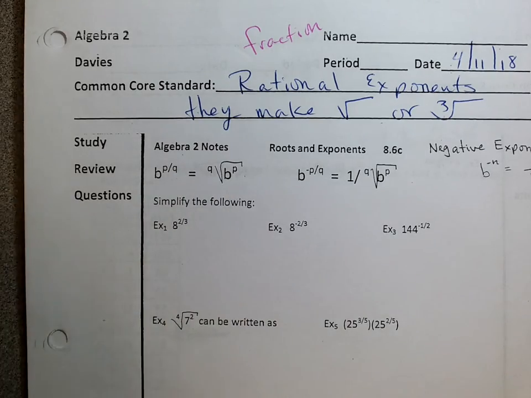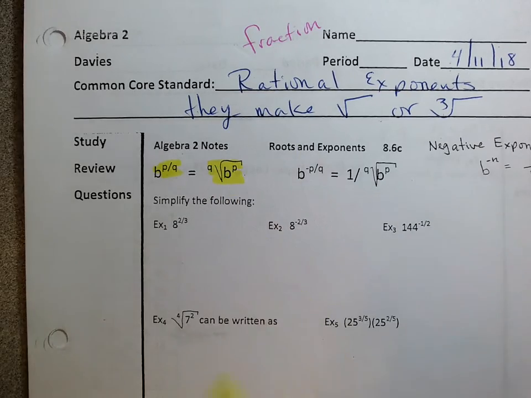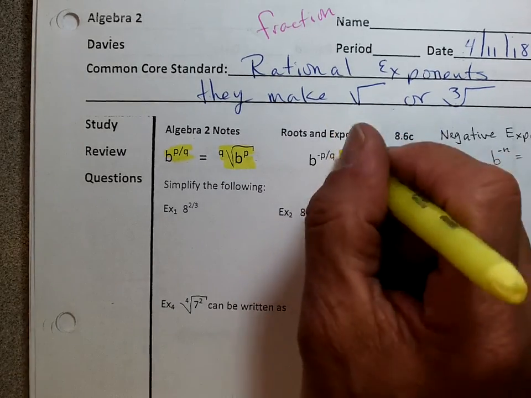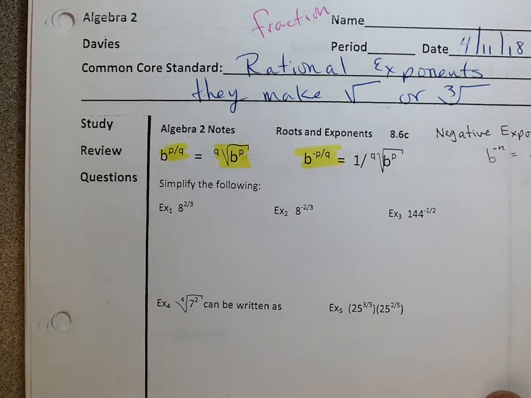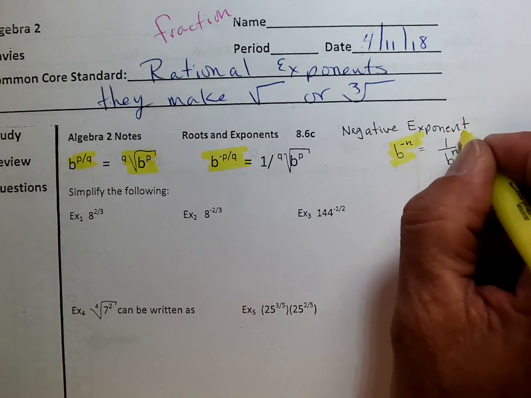The top number is the power, and the bottom number of the fraction is the root, okay? If it's a negative exponent, we all hopefully know it's just going to be 1 over.